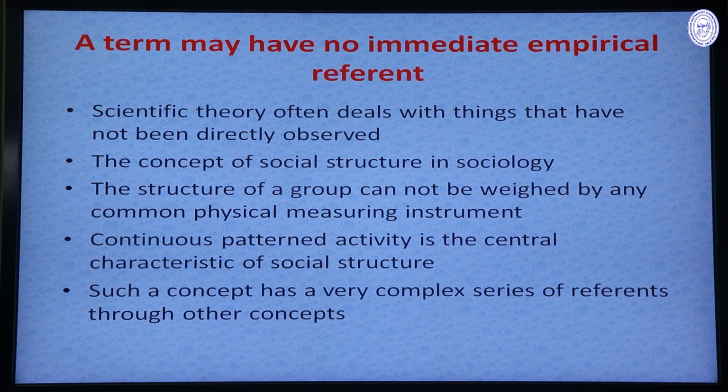Whenever we come across any pattern in anything, we can designate that pattern to be the structure of that particular phenomenon. But that pattern is once again some abstraction as we observe it. The pattern does not exist as such; through our observation we abstract the pattern. So, that way the pattern might not have any immediate empirical reference.